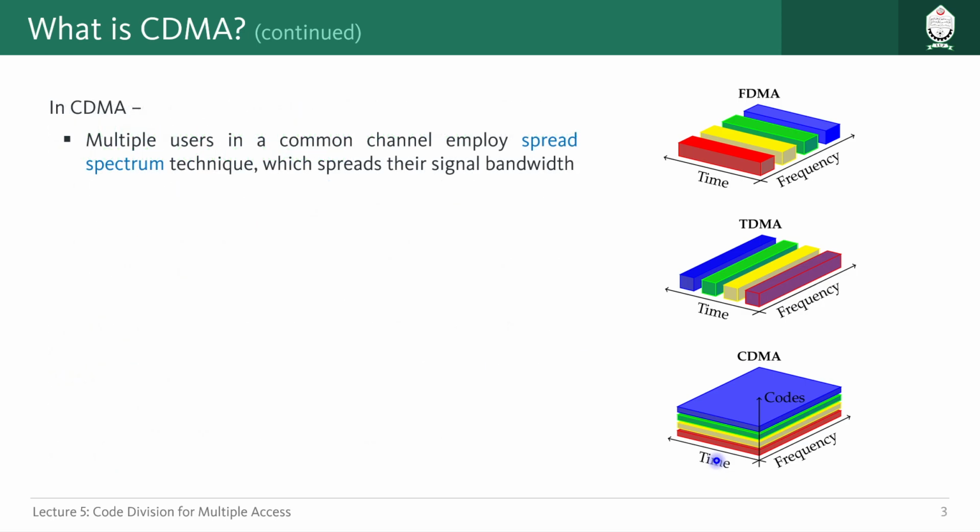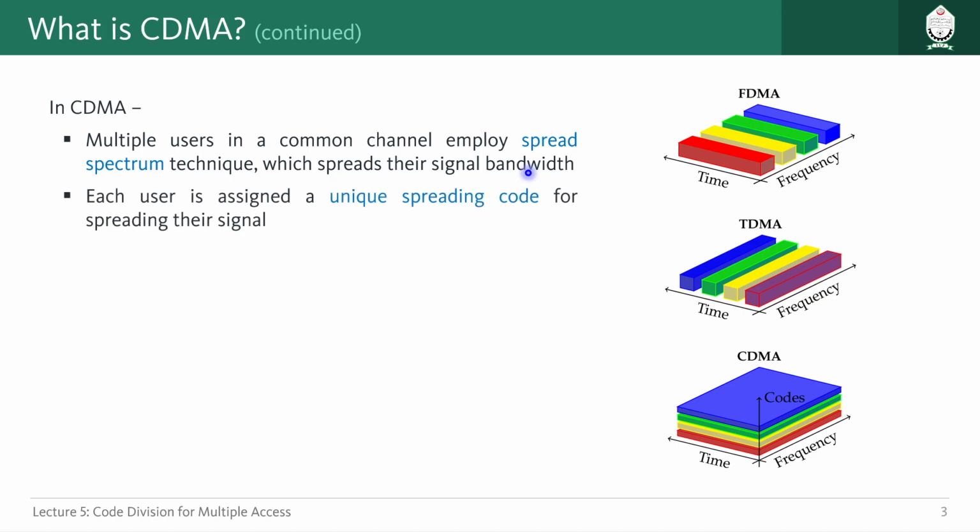Basically, what happens in CDMA, obviously multiple users will use a common channel and they will use spread spectrum technique. And we know when we use spread spectrum technique, our transmitted signal will get a larger bandwidth, right? As always. And as we have multiple users, each of them will have a unique spreading code, and that will spread their signal obviously.